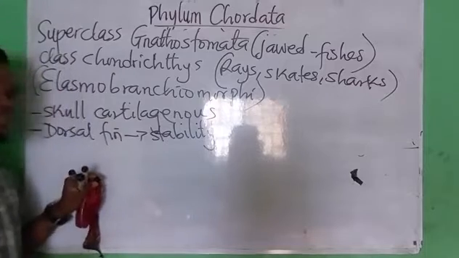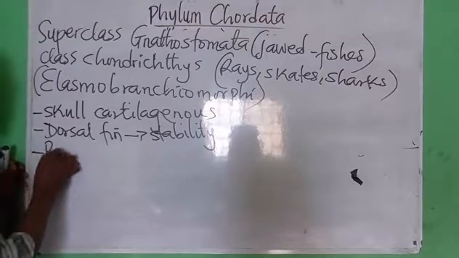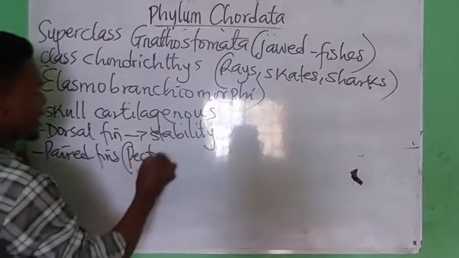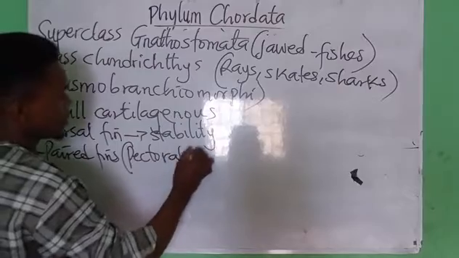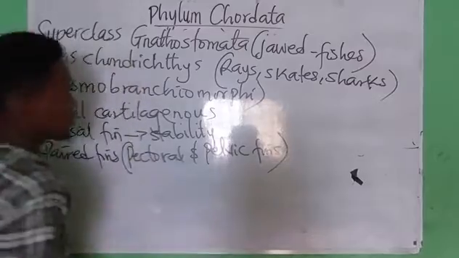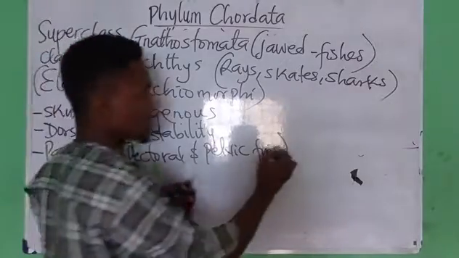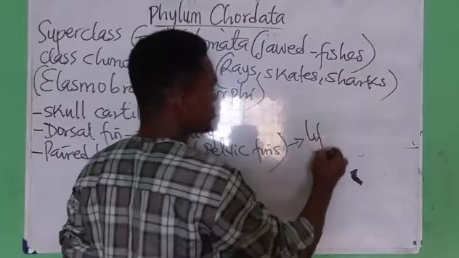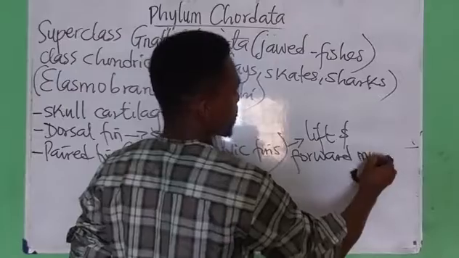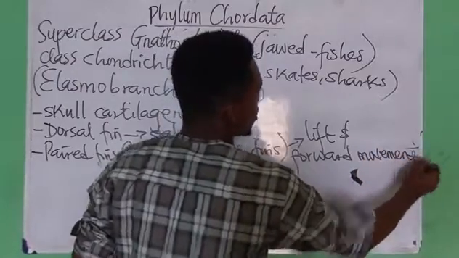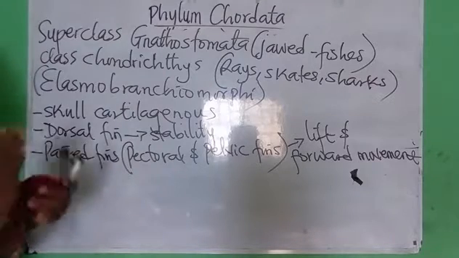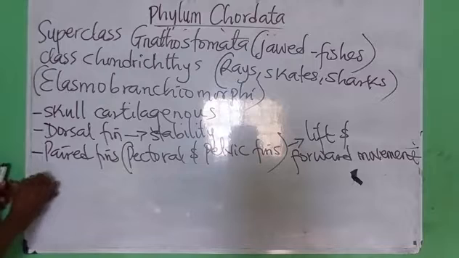It's meant for stability. And they also have paired fins. What are these fins? They are the pectoral and what? Pelvic fins. Now the pectoral and pelvic fins bring about lift and forward movements. Alright, the pectoral and pelvic fins are meant for lift and what? Forward movement.